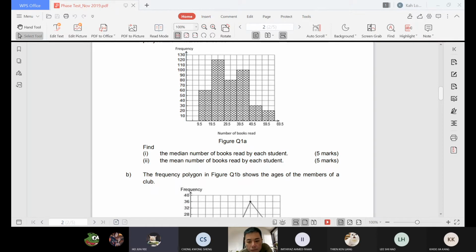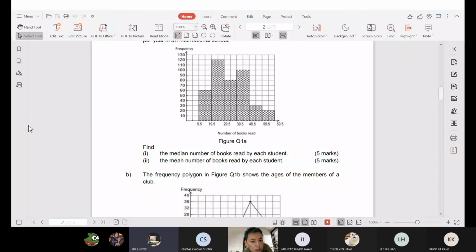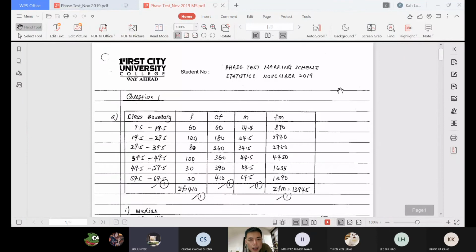List a table. What table? Cannot hear you very clearly. List a frequency table. Yes, a frequency table. What are the information that you need?